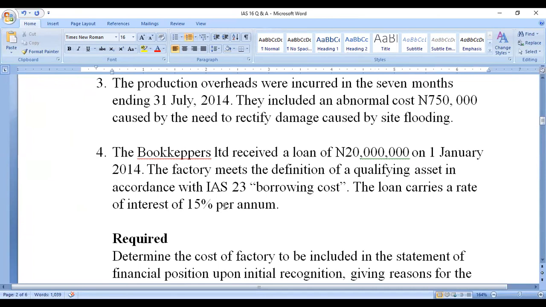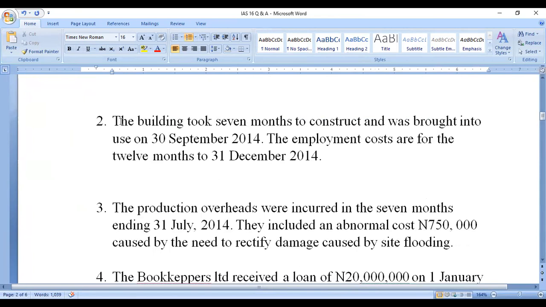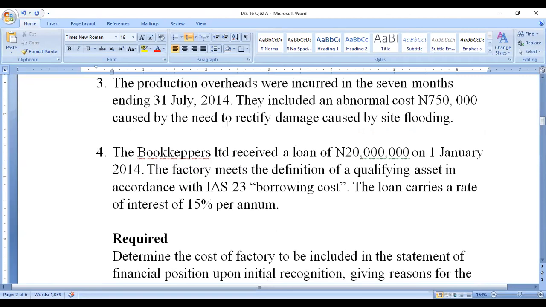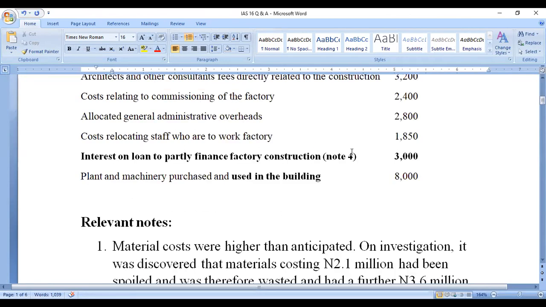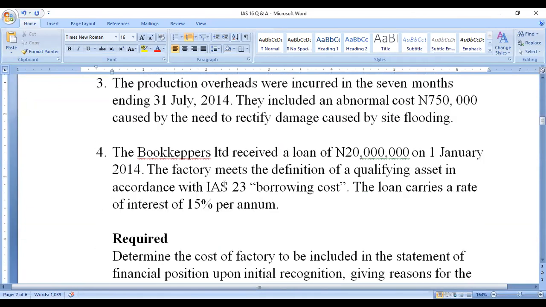Okay, sir, do you have any further questions? So we're told in this information that the building took 7 months to construct. It was brought into use on 30th September 2015. Meanwhile, this figure is 3 million. And our additional information says Bookkeepers Limited received a loan of 20 million on 1st January 2014. And this construction took place for only 7 months.